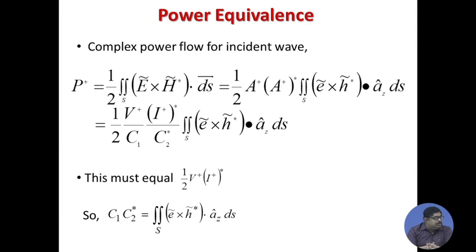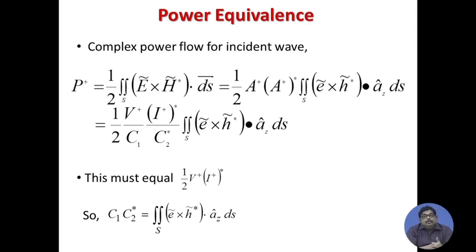Finally, we also wrote it as, we know already we have made those A plus things proportional to voltage and current. So, in terms of voltage and current it is written.